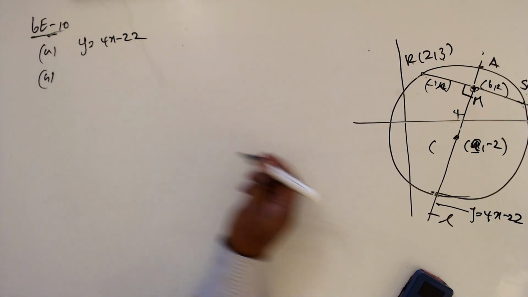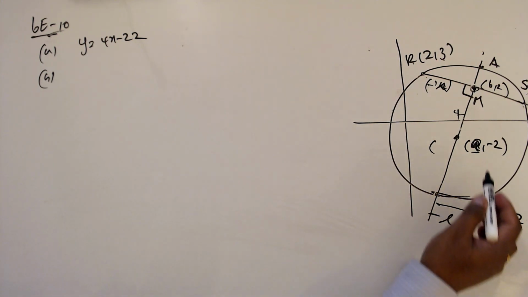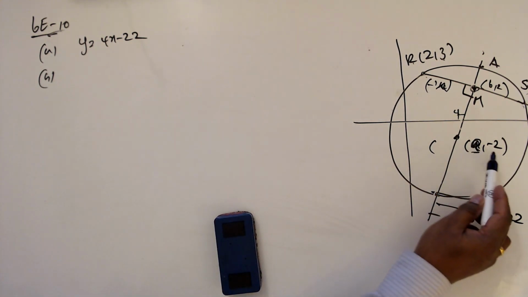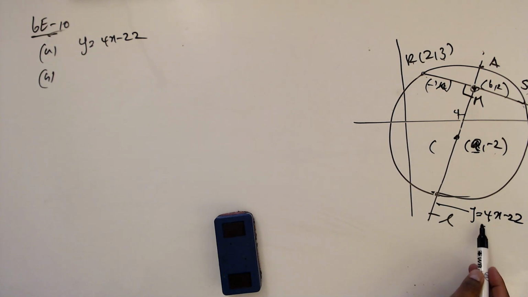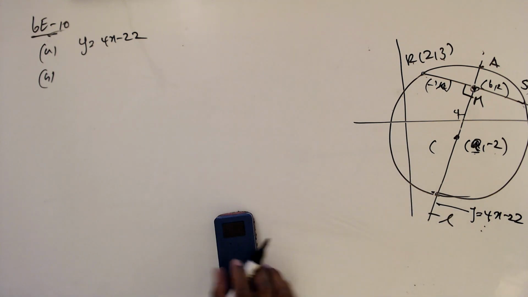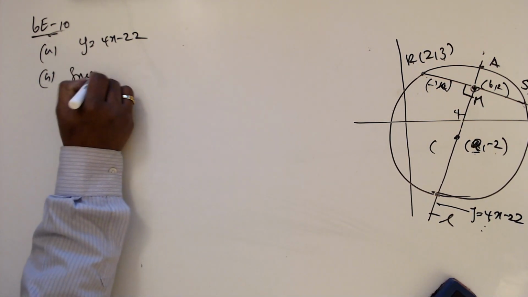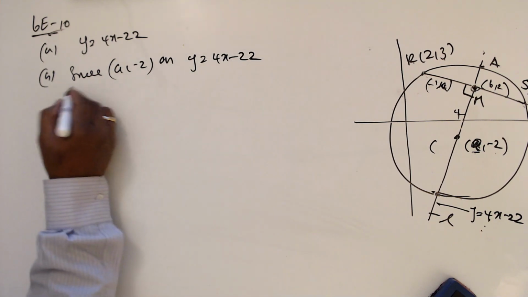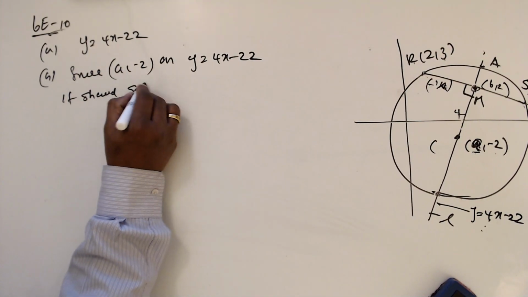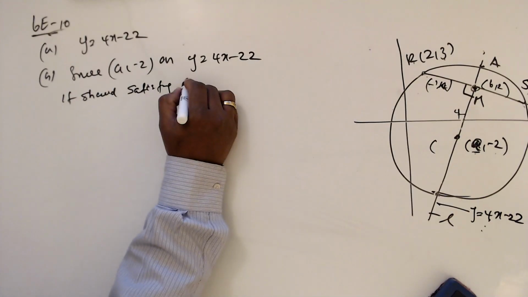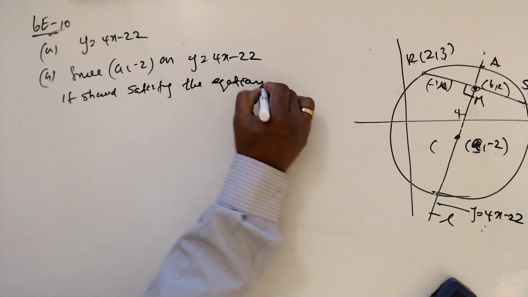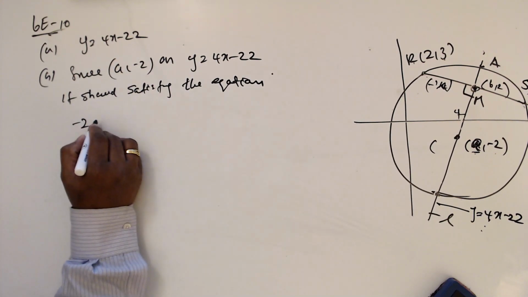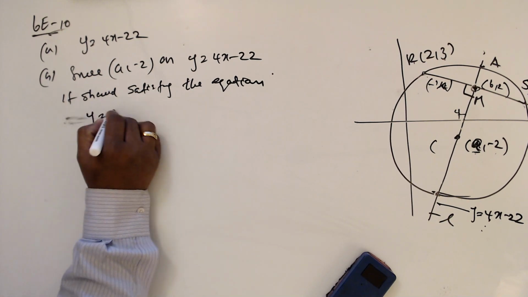Part B, find the value of A. Now I know this point is on this line, so when I substitute it, the point A, minus 2 should satisfy the equation y equals 4x minus 22.